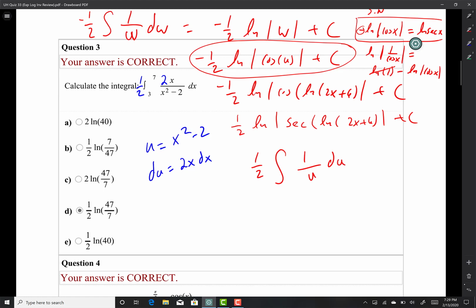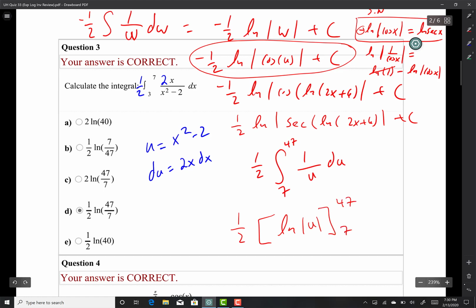When x is 3, 3 squared is 9, 9 minus 2 is 7, so I put a 7. When x is 7, 7 squared is 49, minus 2 is 47, so we're at 47.